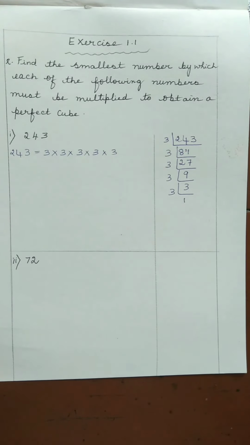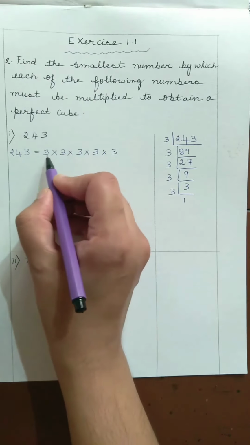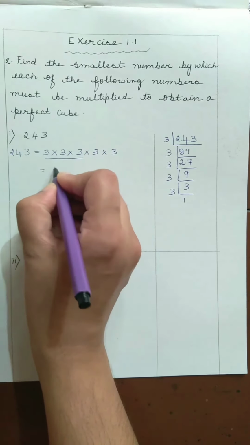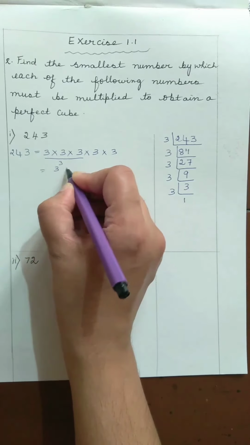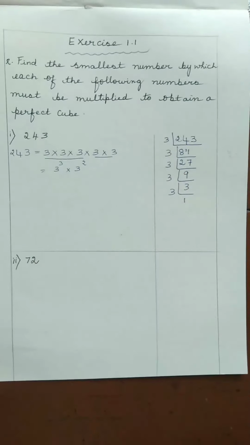The next step is we have to group the numbers into 3 such that it forms a group of 3. So, while counting here, 3 into 3 into 3, so it is 3 cube into 3 into 3, where we obtained 3 square and it does not form a group of 3.